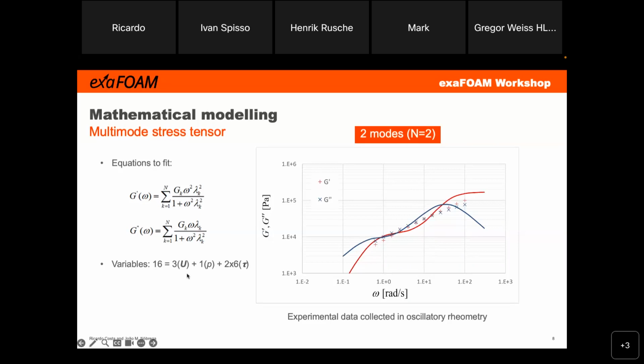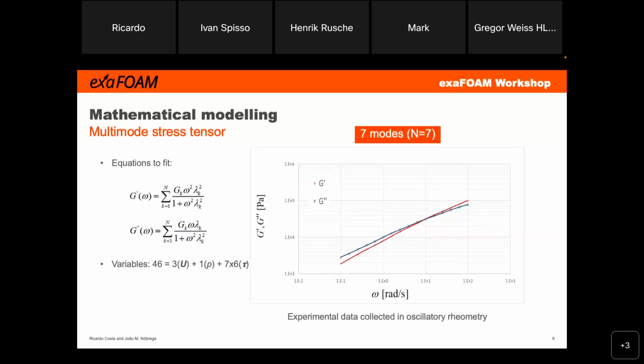I have 3 components of velocity, 1 pressure, and then I have 2 stress tensors. And since they are symmetric, I have only 6 components in each, which makes a total of 16, which is huge. But it's still not ideal, so I can see that my errors in this curve fitting are still not appropriate.